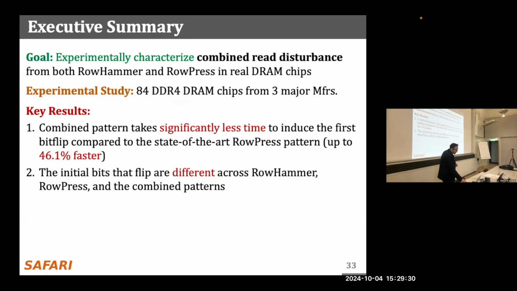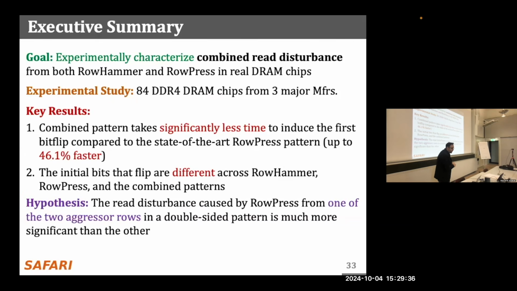The initial bits that flip are different across RowHammer, RowPress, and combined patterns. Our hypothesis is that the read disturbance caused by RowPress from one of the two aggressor rows in a double-sided pattern is much more significant than the other one.